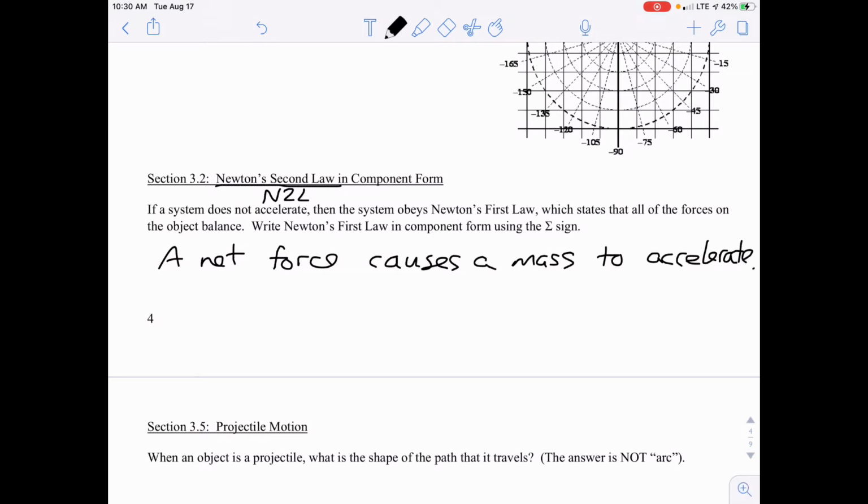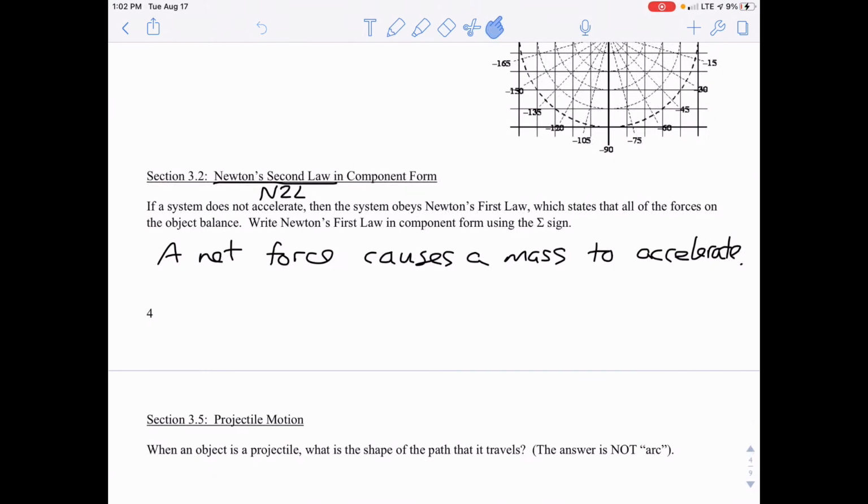Now we're going to take that sentence and break it into an equation. All right, so let's translate this sentence into an equation. So the first part is this part called net force. Net force is going to be translated into the symbol sigma F. Now, sigma, this is the Greek letter sigma.